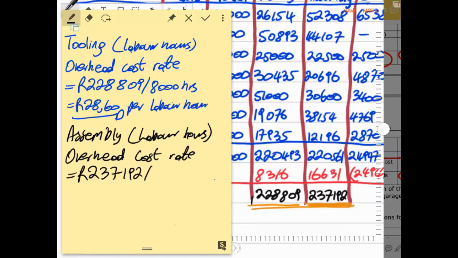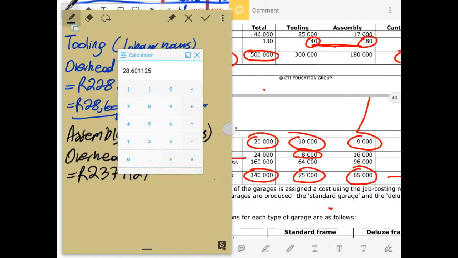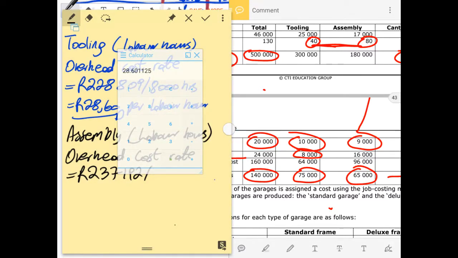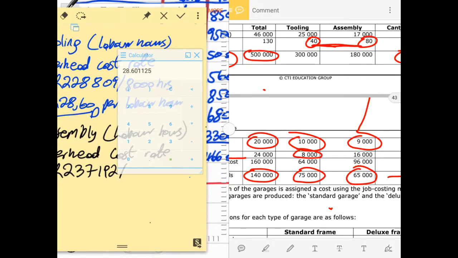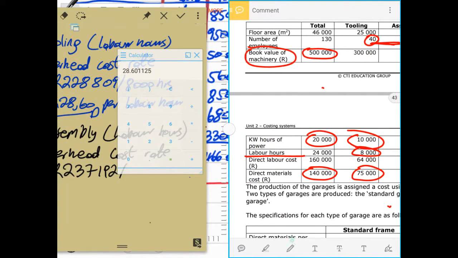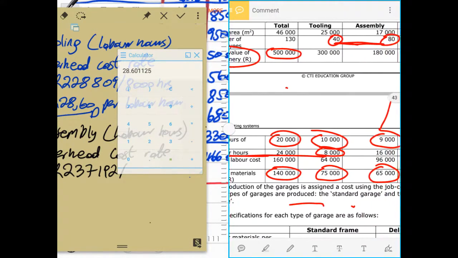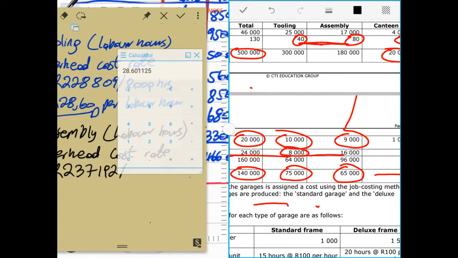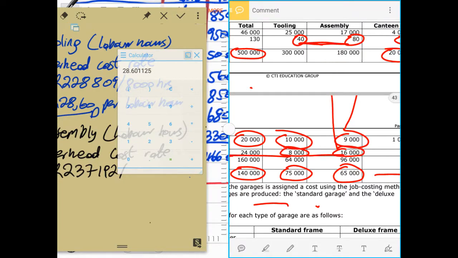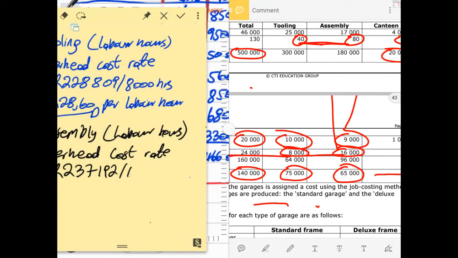237,192. Divide by the base, and the base is labor hours, and the labor hours for this department is 16,000. Here we have our labor hours, 16,000 for the assembly department. So we divide by 16,000 hours.